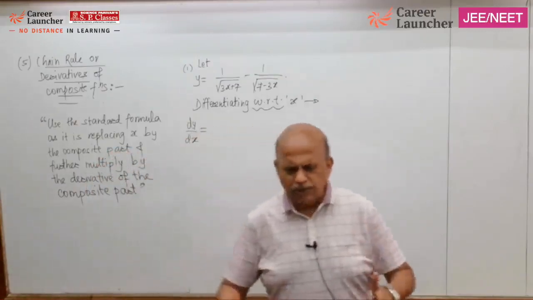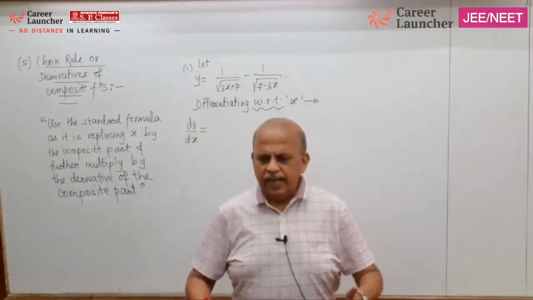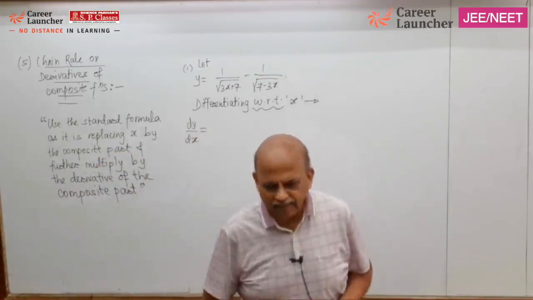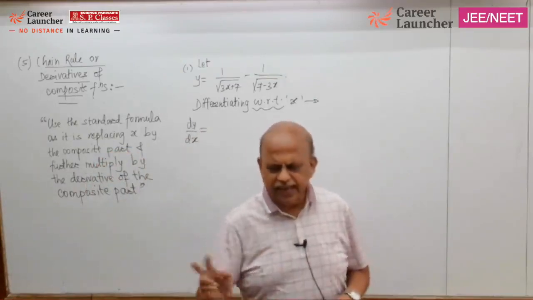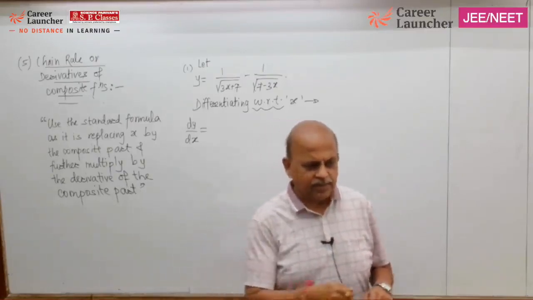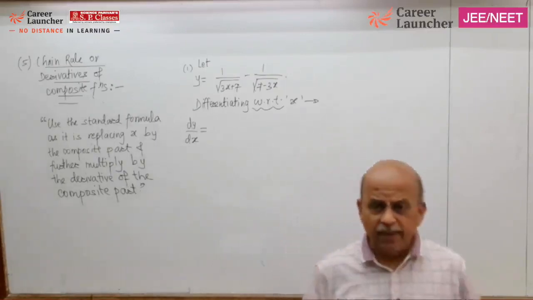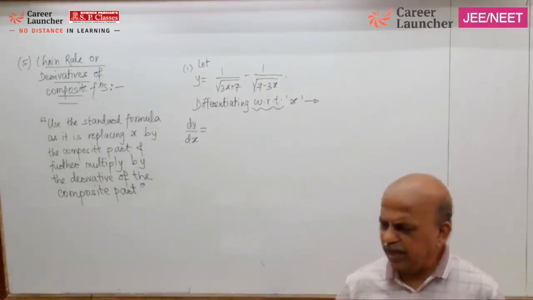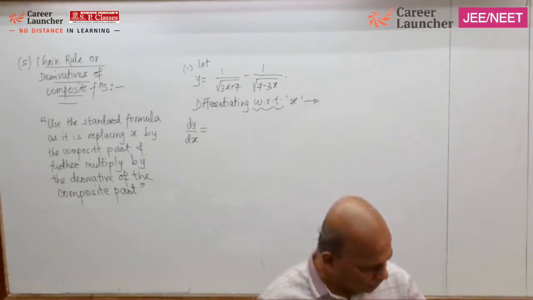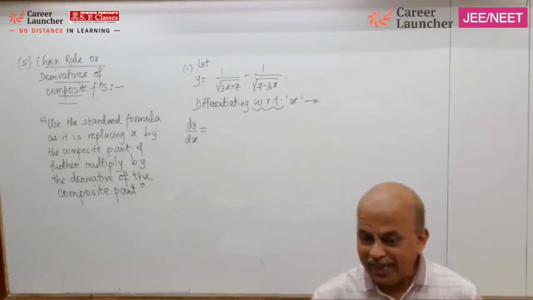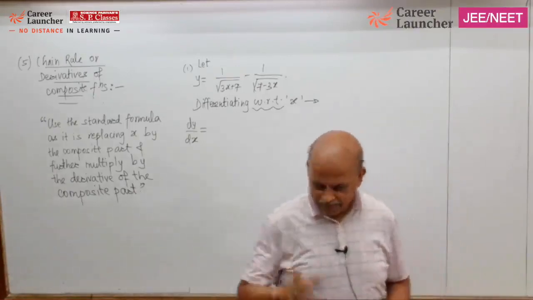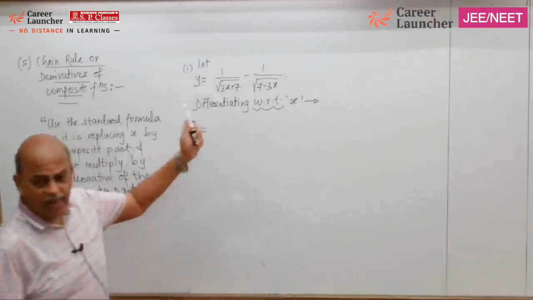You must know the formulas in such a way that if I ask you, tell me what is formula number 11, you should immediately say a raised to x into log a. If someone asks you, tell me what is formula number 15, you have to say cosec x into cot x with a minus sign. You need not check, it is 15 only, okay? Getting it, everyone? So this is formula number 8.